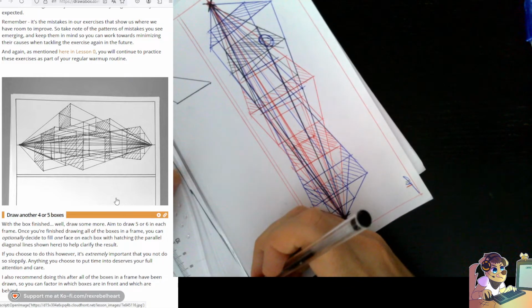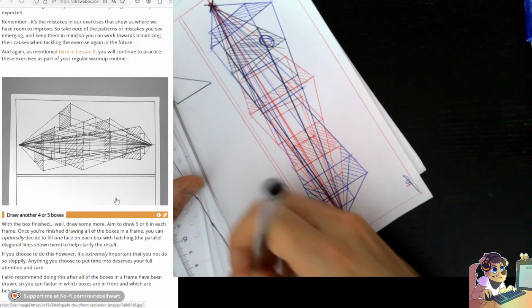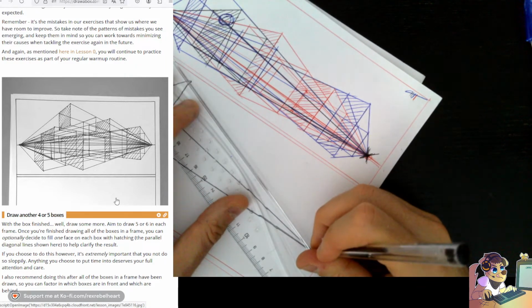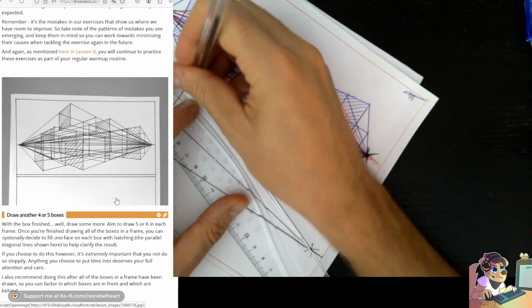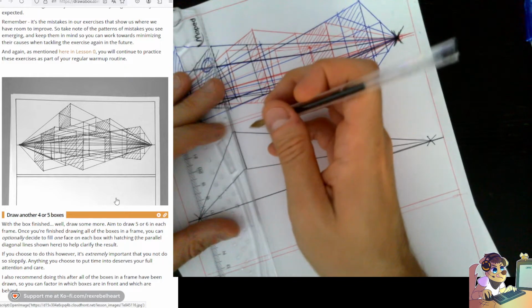Kind of see what's up. The vanishing points.